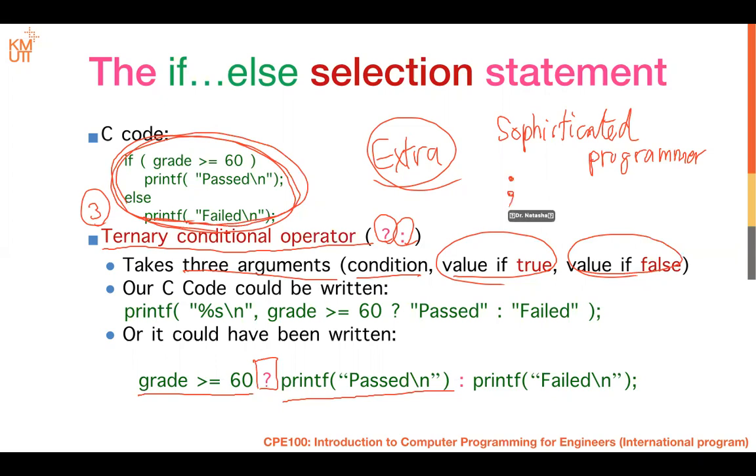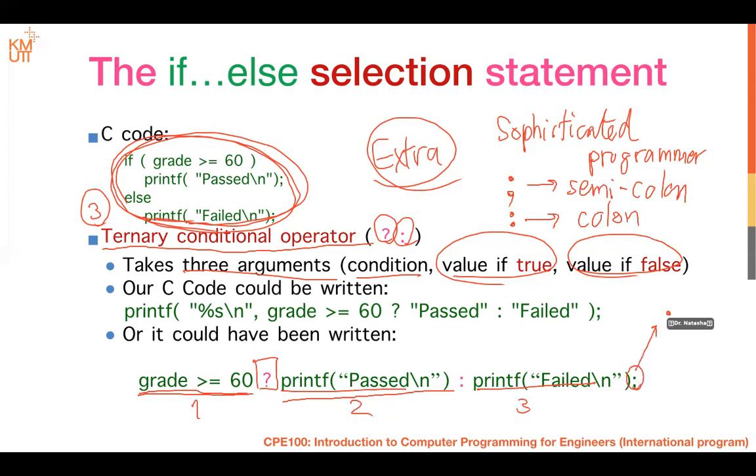You have been told this is called semicolon, and this one we can call colon. Okay, this is a ternary operator. This is the first argument, second argument, and this one is the third argument. And this will end the statement by semicolon. Semicolon you will use for ending your statement.